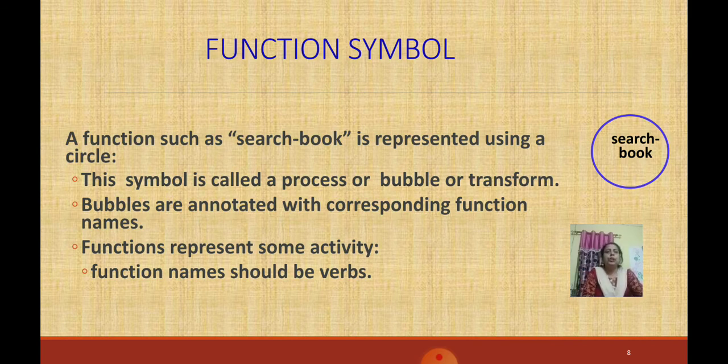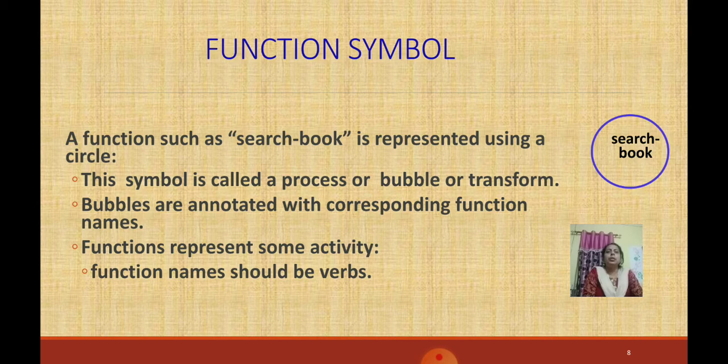Then the function symbol. A function such as search book is represented using a circle. This symbol is called a process, bubble or transform. All the functions in DFD are represented through circles.